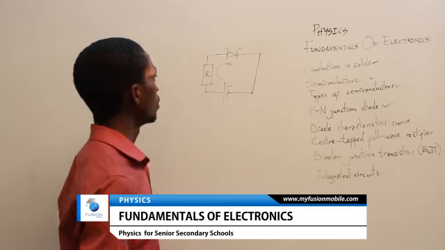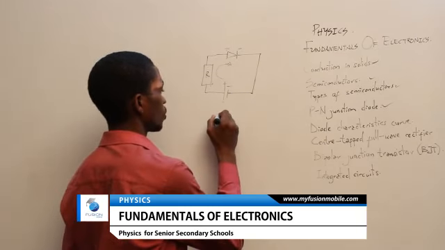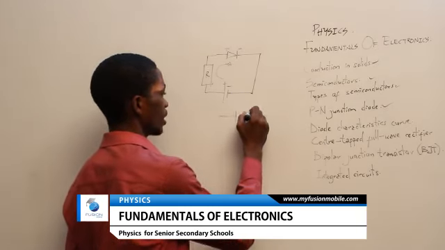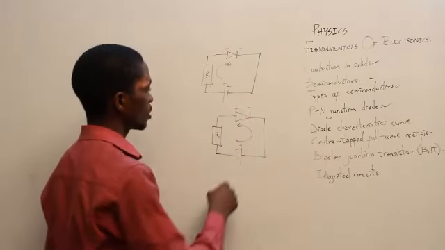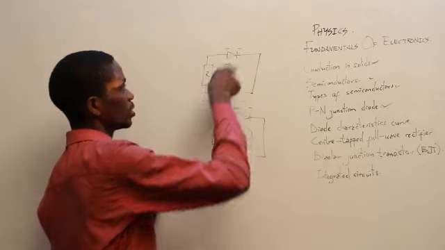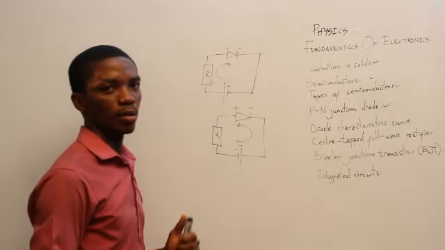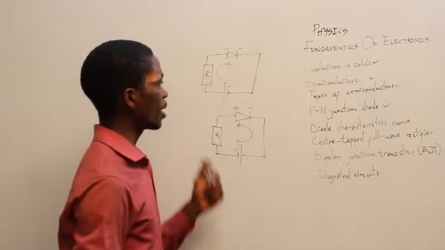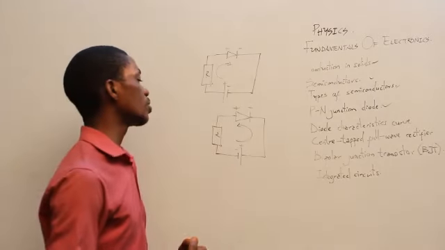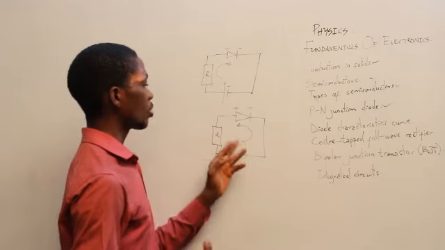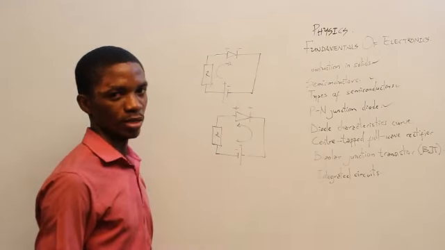In the reverse bias, we have something a bit different. Instead of the electricity flowing in line with our diode, it is flowing in opposition to the diode. Now, if it is a reverse biased diode, it will allow this electricity to enter and to exit.